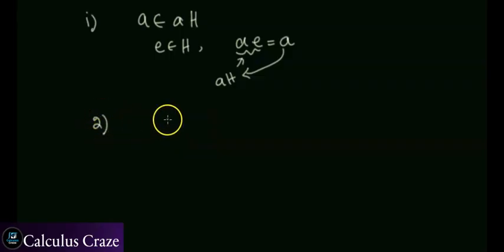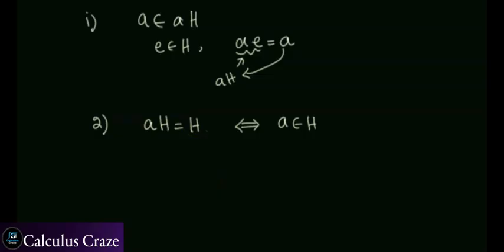The second property says that if AH is H, then you have A inside H, and when A is inside H, you have AH equal to H. So it's a two-way implication.